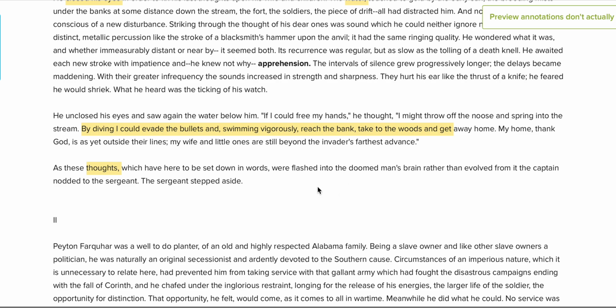The captain nodded to the sergeant, and the sergeant stepped aside. And this is the end of part 1. We know so far that the end of part 1 is about the sergeant raising his foot from the log that's holding the man.